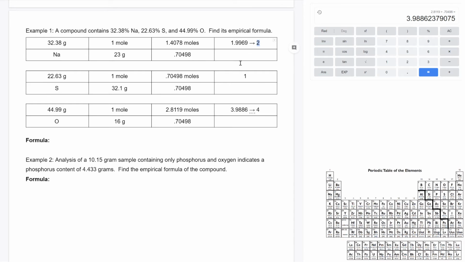So our ratio of moles is 2 to 1 to 4. For our answer, those values become the subscripts in our formula. Na2, since the 2 is with sodium. S, which we won't put a number with because we don't write subscripts of 1 in a formula. And then O4. So our answer is Na2SO4.